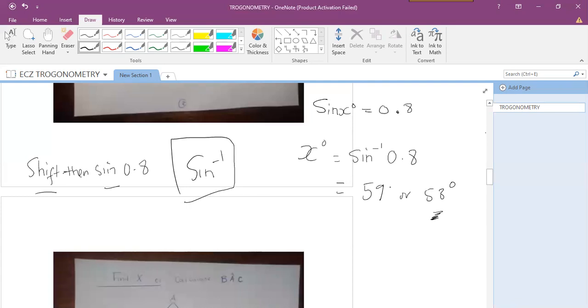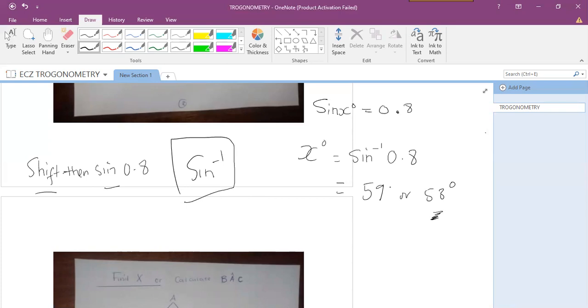Can you clear the calculator one more time? Just clear everything. Then we do it together. So press shift. You've pressed it? Yes. Then sine.